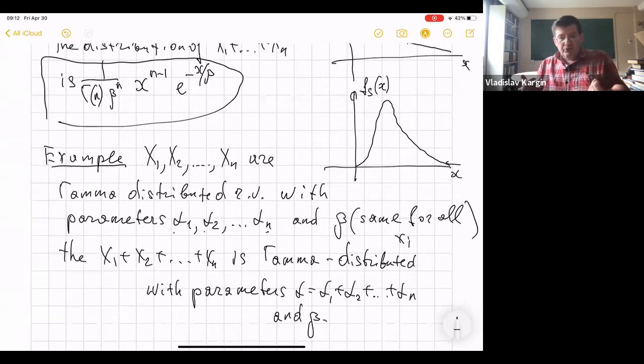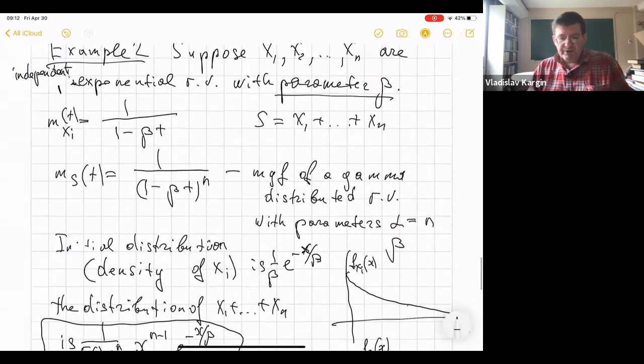And it's clear how you do it: you know the MGF of every one of them. It's 1 divided by something like that, right? So instead of n, you will have alpha. Right? Alpha 1, alpha 2.